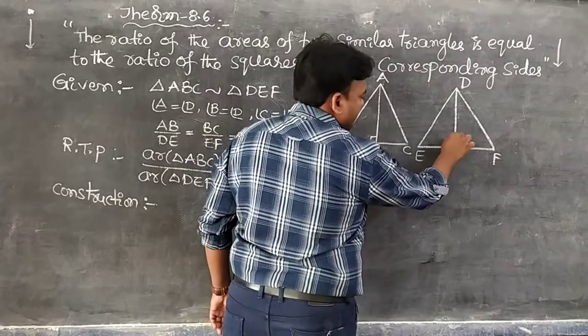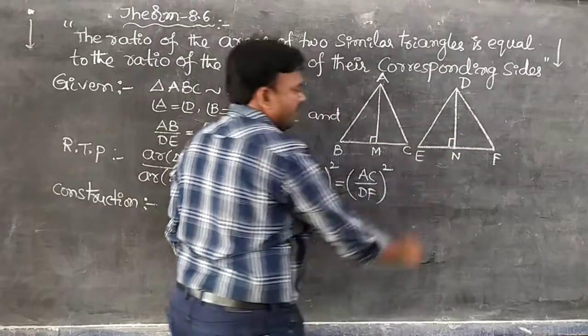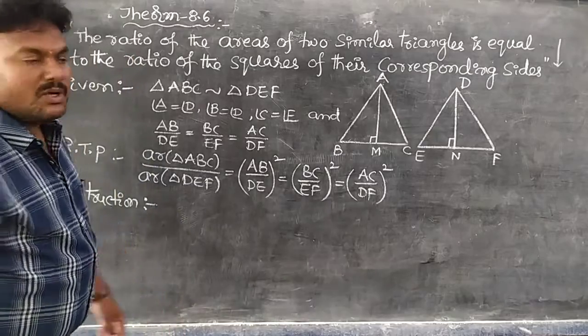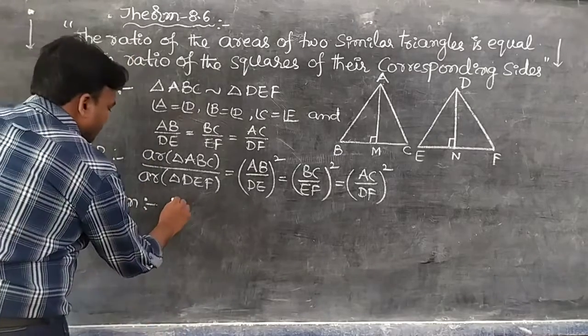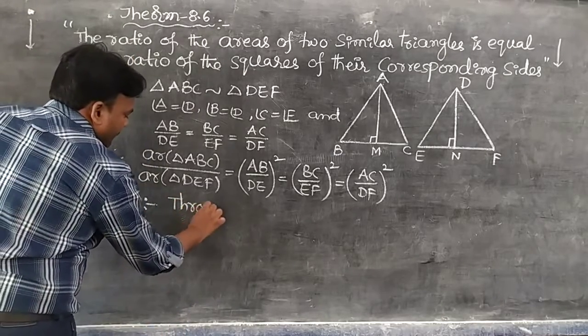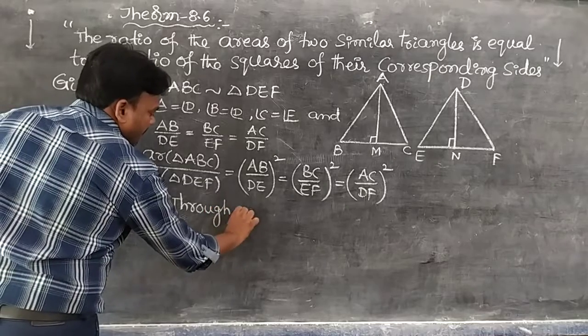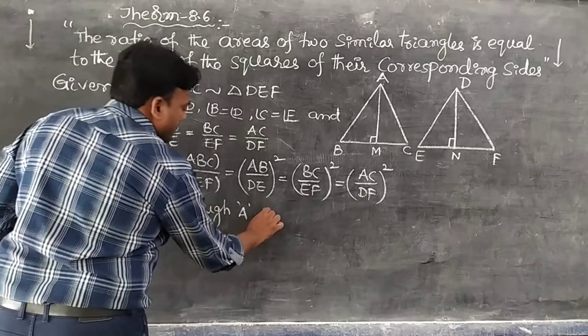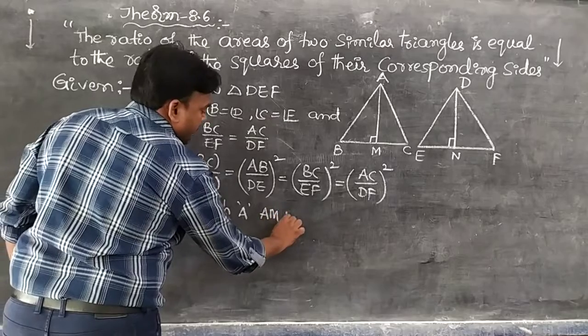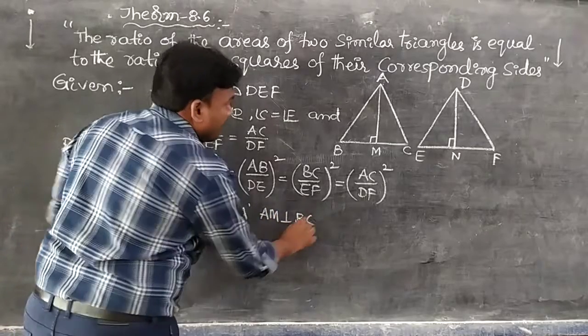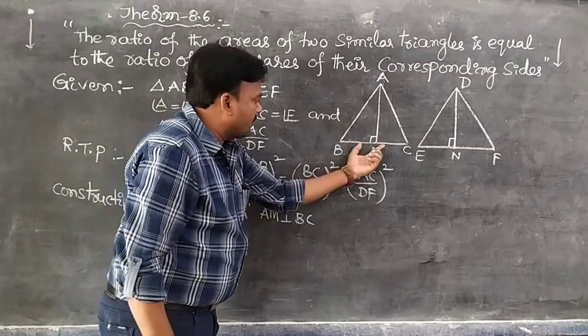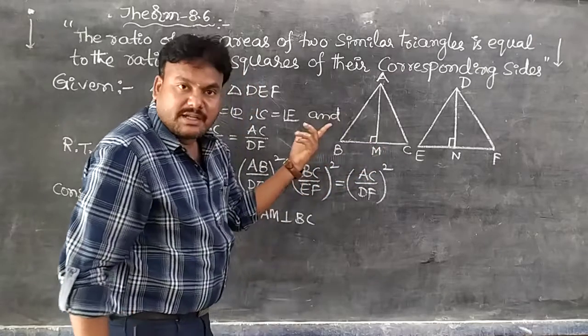Next, DN is perpendicular to EF. So here construction through A, AM is perpendicular to BC. That means angle M equals 90 degrees.